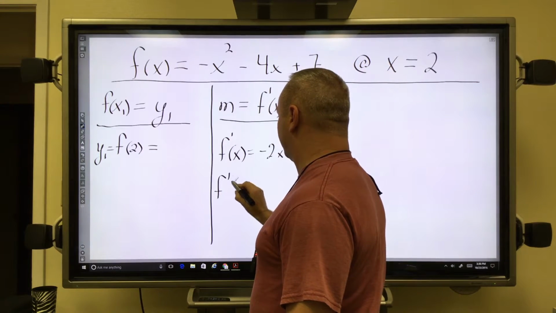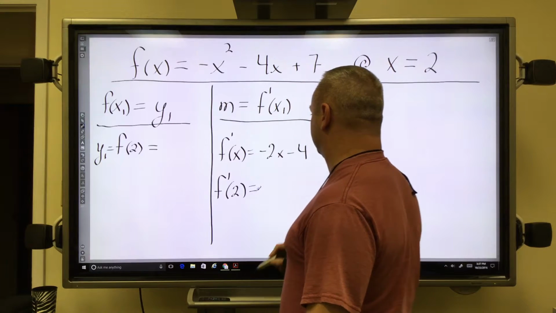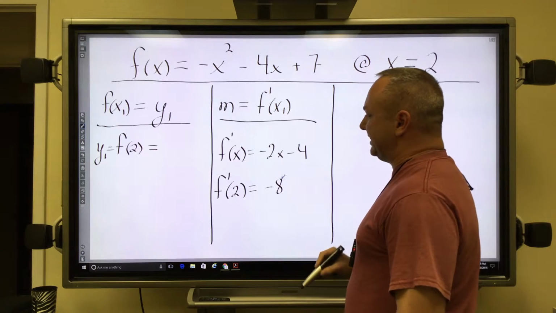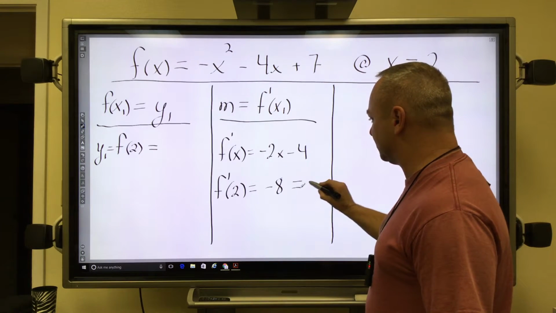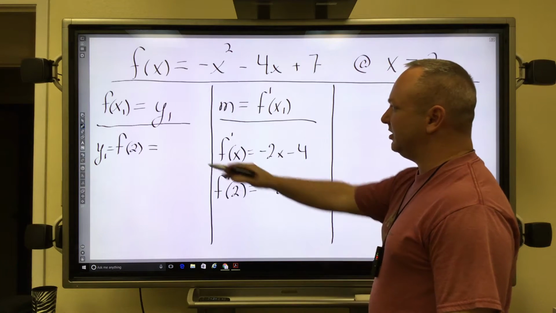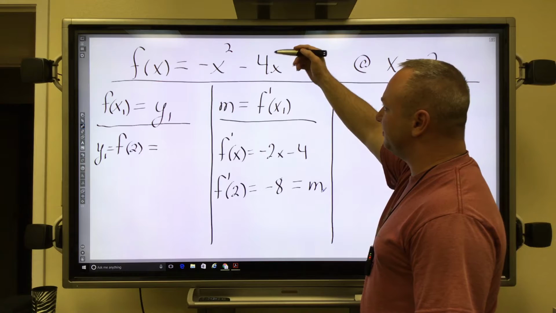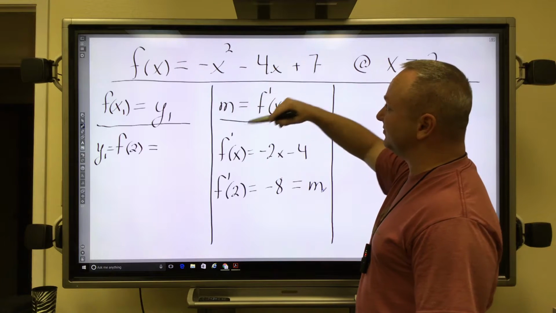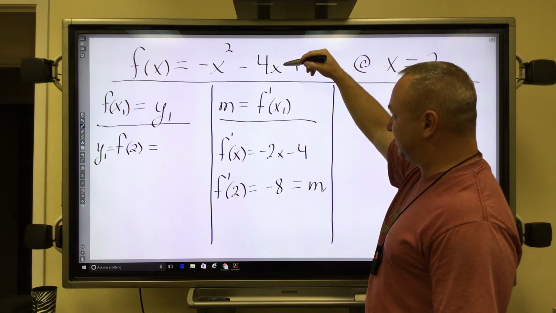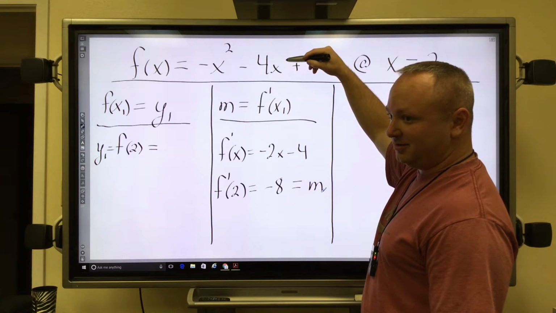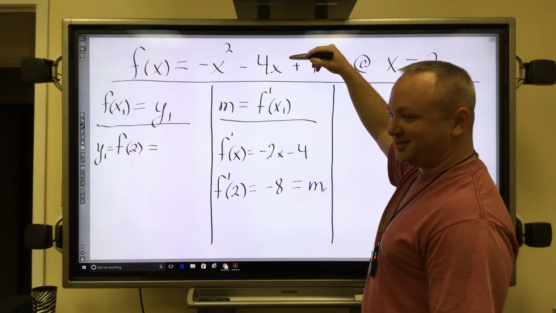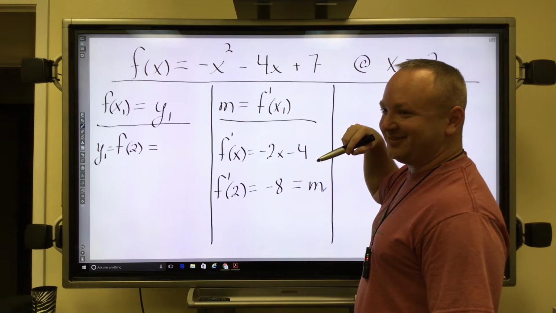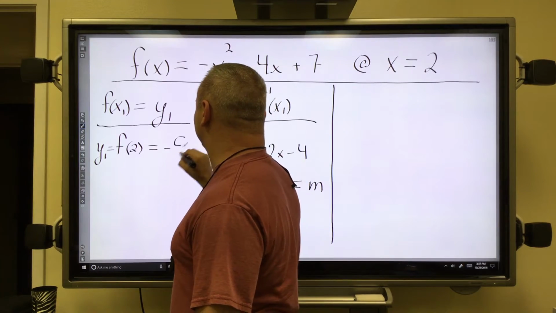So f prime of 2 is negative 8, and this is your slope. For y1, because the negative is on the outside, 2 squared is 4, that's negative 4 minus 8, negative 12 plus 7, negative 5.